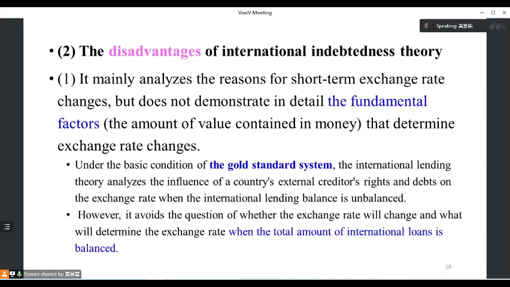Under the condition of a gold standard system, the international lending theory analyzes the influence of a country's external credit rights and debts. And this theory avoids the question of whether the exchange rate will change and what will determine the exchange rate when the total amount of international loans is balanced.